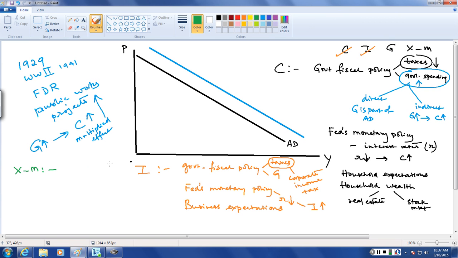What are the influences on net exports? How much the US exports versus what it imports? Well, one important factor, of course, is going to be economic conditions abroad in our trading partners.